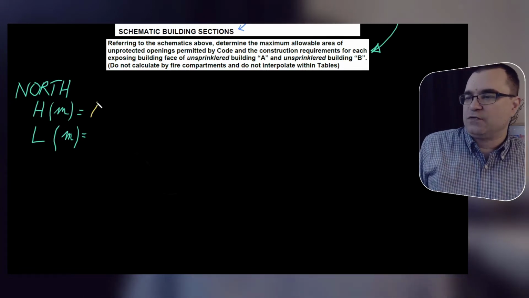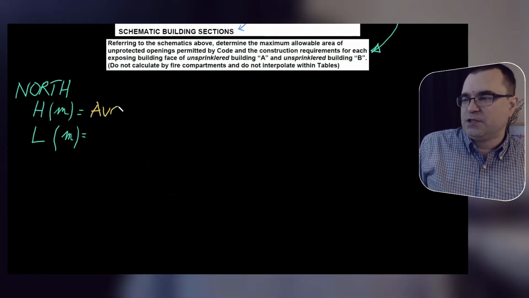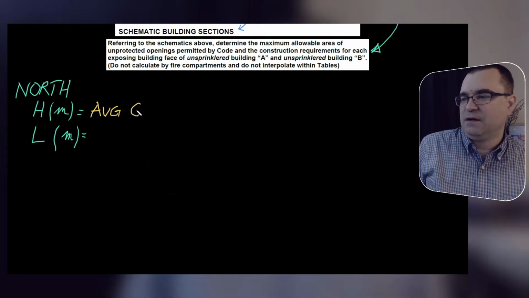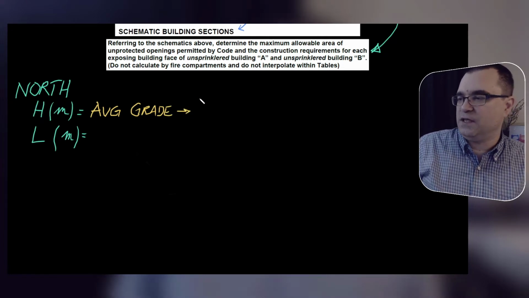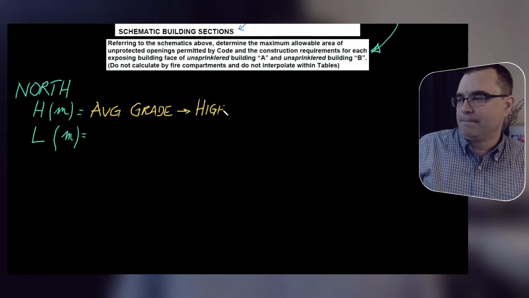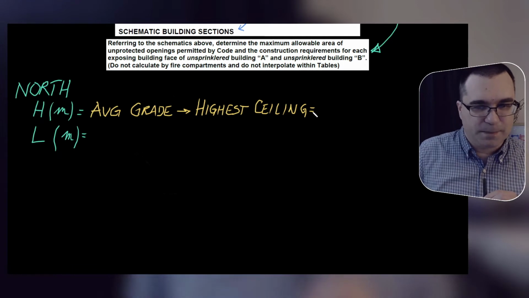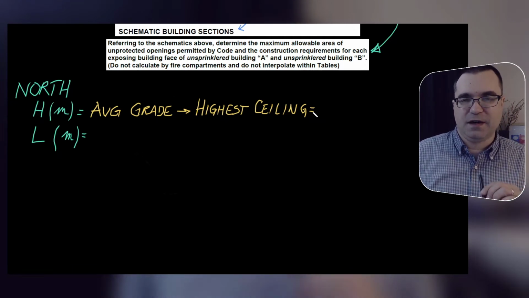H goes from average grade all the way to the highest ceiling. Okay? Super important. That's how the vertical dimension is defined for this topic. Average grade to highest ceiling.